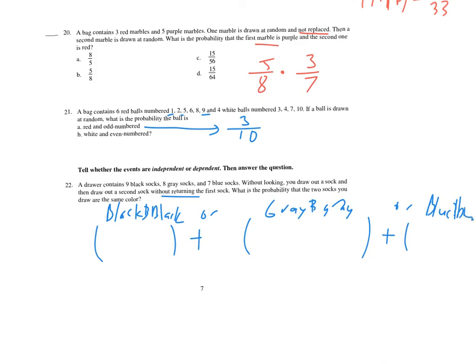So for black and black, since we're not returning, that's going to be 9 out of the total of 24 times 8 out of the total of 23, since we're assuming we got the black sock on the first draw. So you'll have to do the same thing for grays and blues and then add it all together.